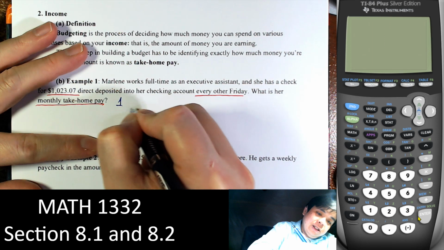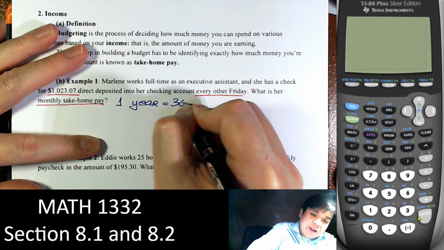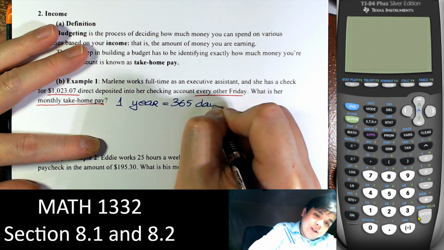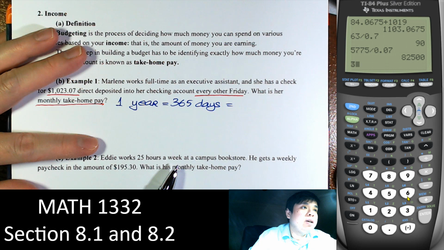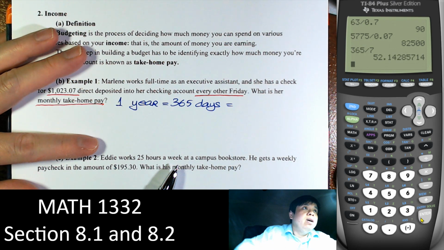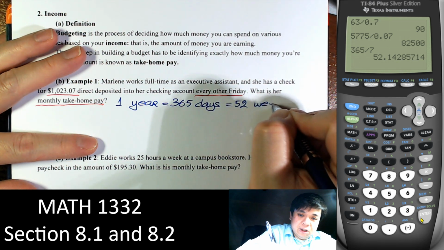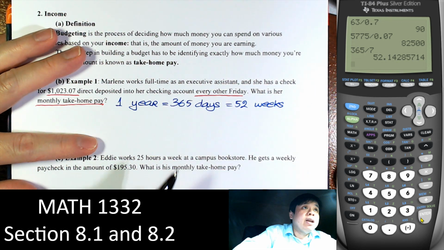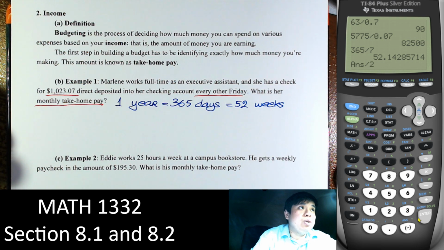So a year is equal to 365 days. And we take that, divide by 7, we have 52 weeks. And since she got paid every other Friday, we divide this by 2, so she got 26 paychecks a year.